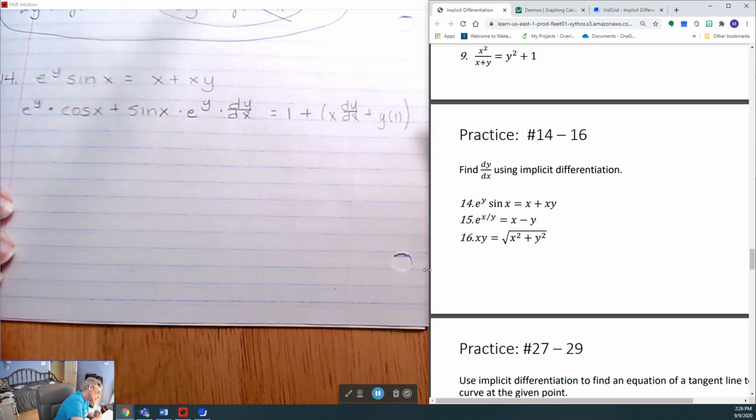I could go ahead and start putting my dy dx stuff on one side and my plain old x stuff on the other. And I think I'll do it the opposite of the way I have.